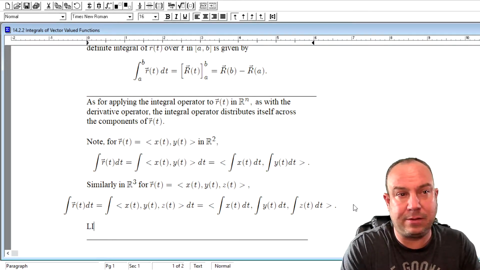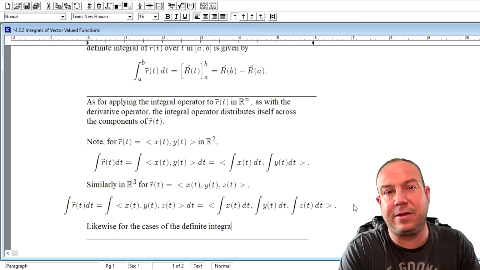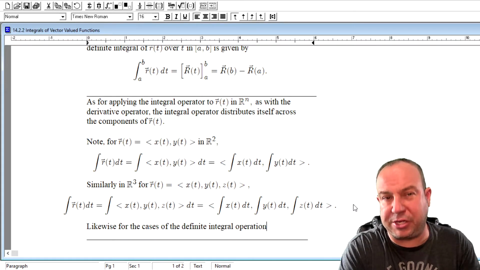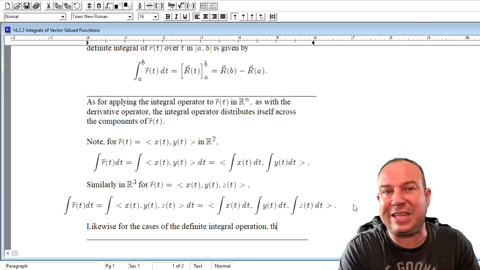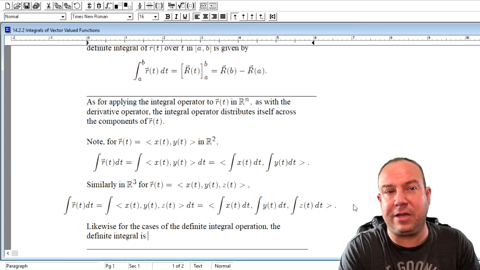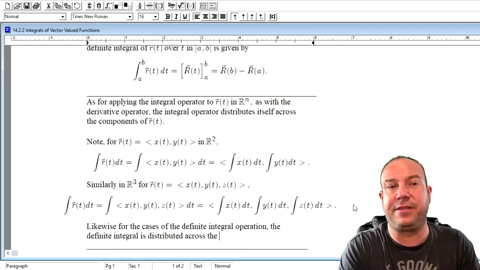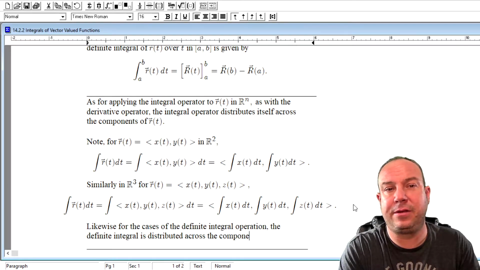Likewise, for the case of the definite integral operation, the definite integral is distributed across the components of the vector function.